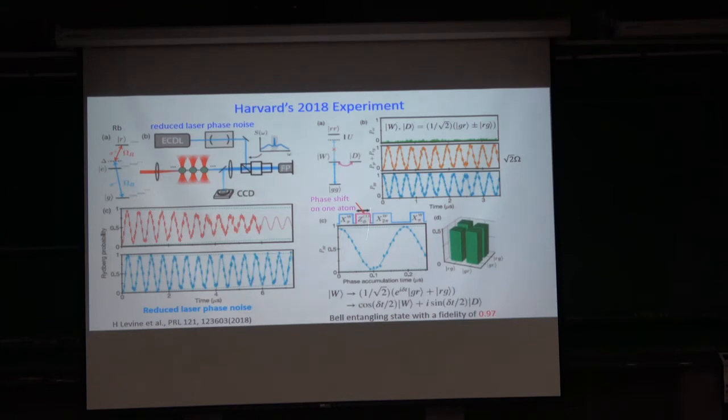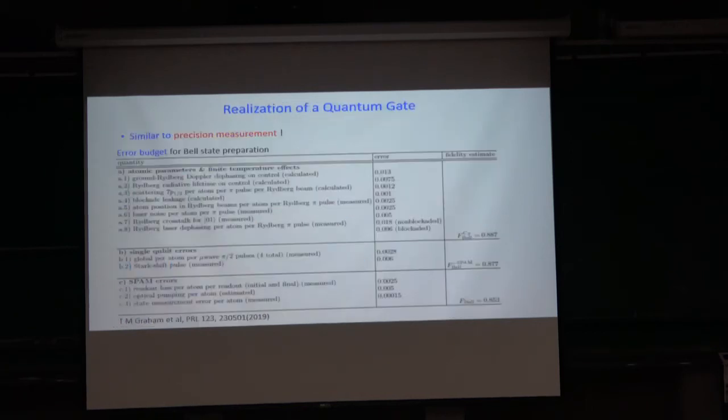Based on this, they can prepare an entangled state between GR and RG, which is called a bare gate. It's just a test of how well you can prepare the coherent superposition. And they can get 97% fidelity. So this gives people confidence that the Rydberg atom platform is just limited by technical issues so far.